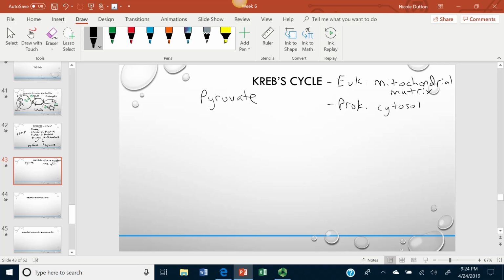Then we have this gigantic complex known as pyruvate dehydrogenase, a huge enzyme complex that converts pyruvate to acetyl-CoA. CoA is this large group that just carries around this acetyl group. Once it's converted to acetyl-CoA, now it can enter into the Krebs cycle.